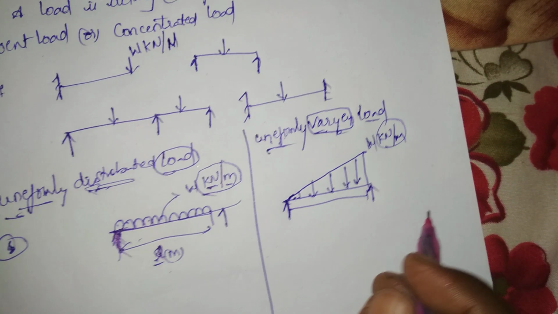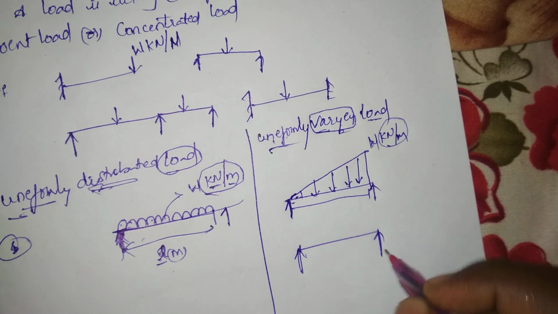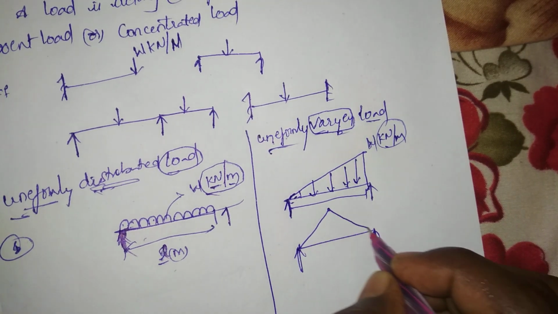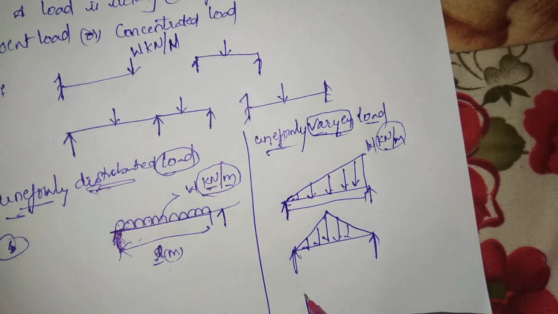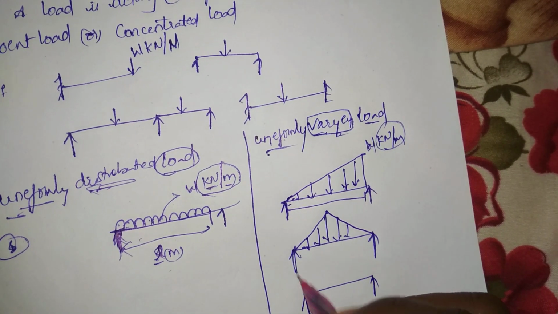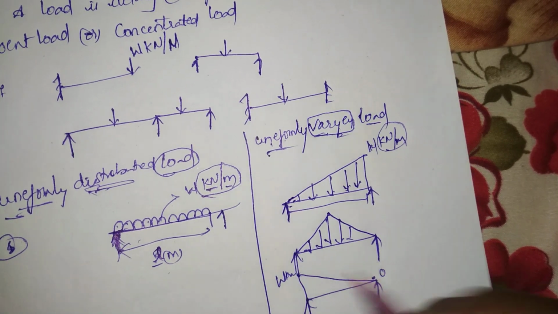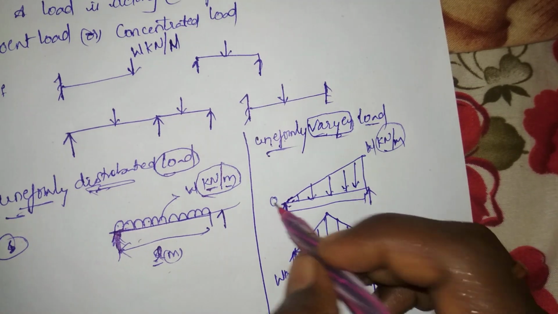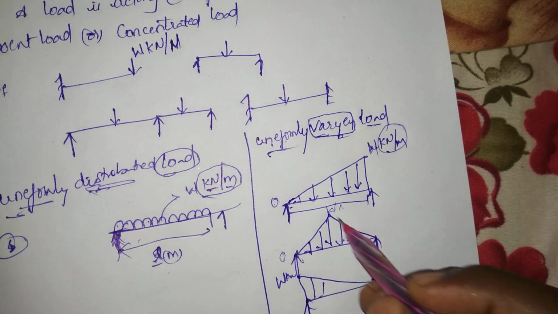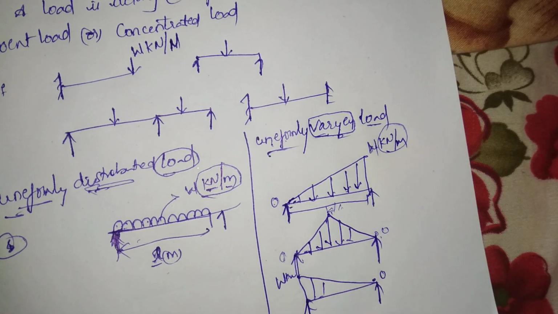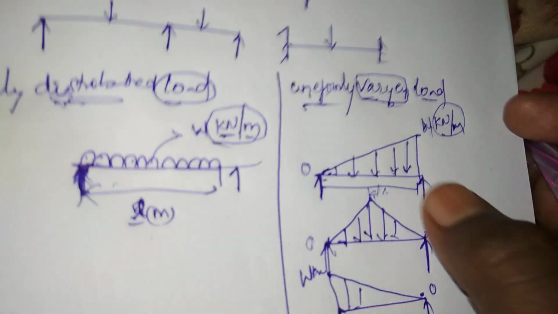This is also the same units. This is a beam. This can also vary in this type, or this can vary like this also, from 0 to W kilonewton per meter. Here also 0 to W kilonewton per meter. Here 0 to W kilonewton per meter, and again it returns to 0. So this is called uniformly varying load.